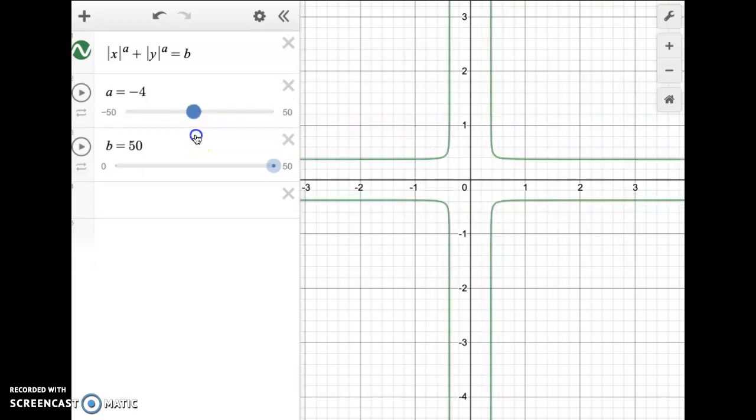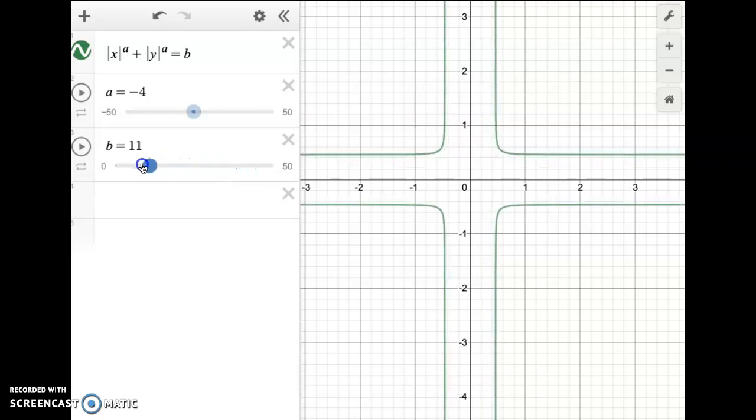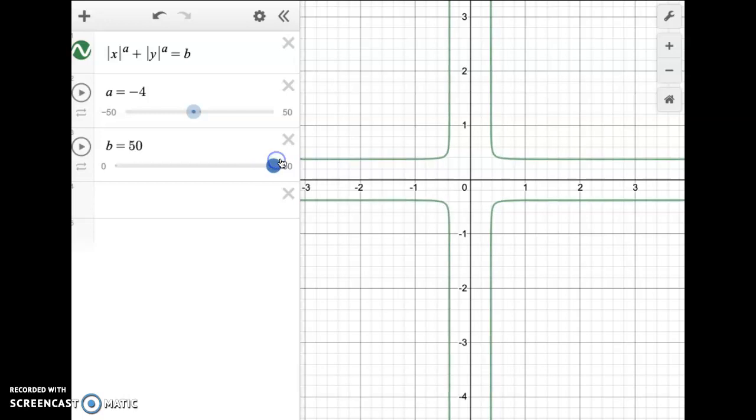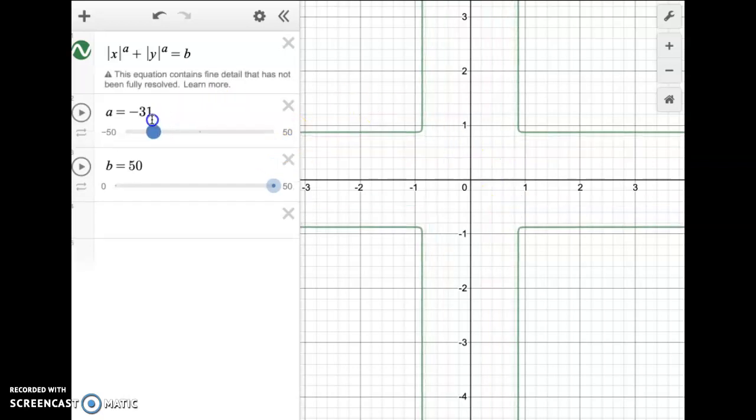So we see that here it is more inward, but just to further show you that that happens, the greater that b is, the more towards the origin the graph behaves. And just to continue to show you this for all of them, that happens.